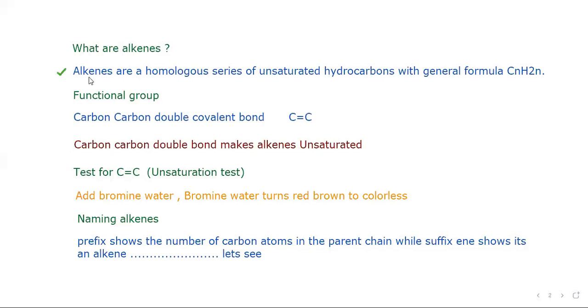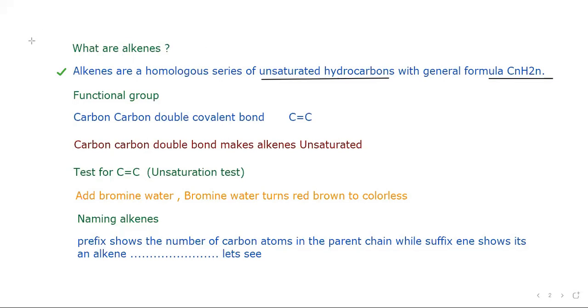Alkenes are a homologous series of unsaturated hydrocarbons, right? I'm using the word unsaturated hydrocarbons, right? And the general formula is CnH2n. Am I right?